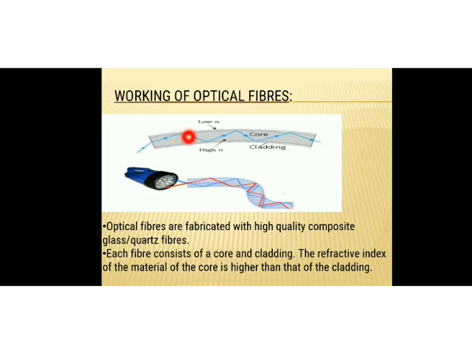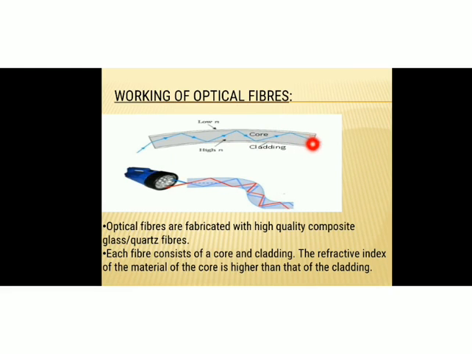This ray is totally reflected back, and this reflected ray is made incident on this portion of the cladding at an angle of incidence greater than the critical angle. So at this point also the ray is totally reflected back, and at the next point the reflected ray falls at an angle greater than the critical angle, so total internal reflection takes place again.